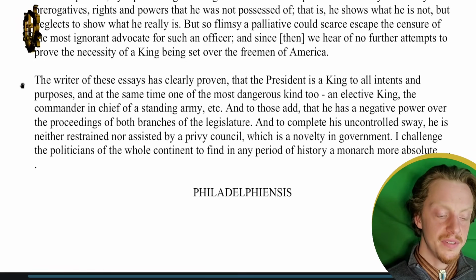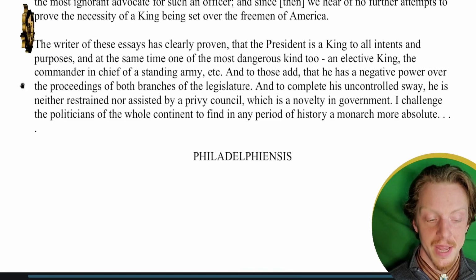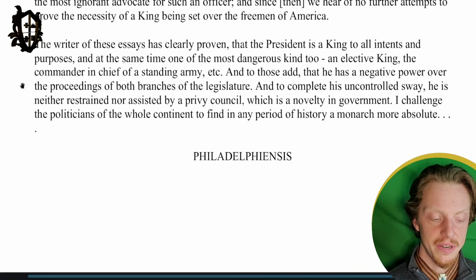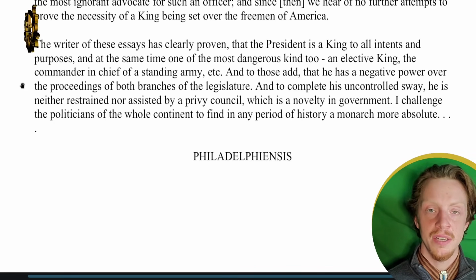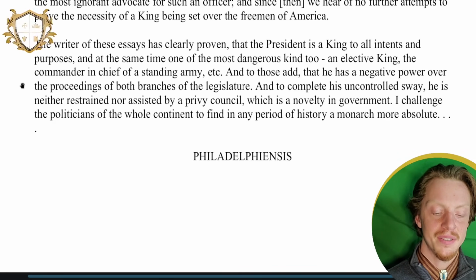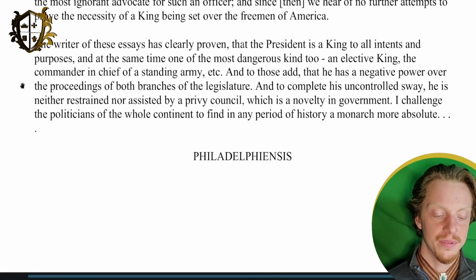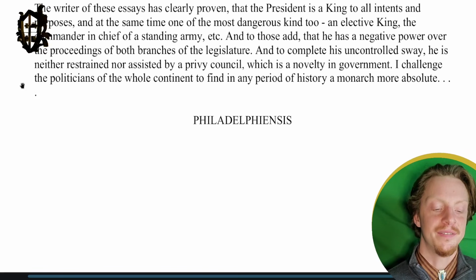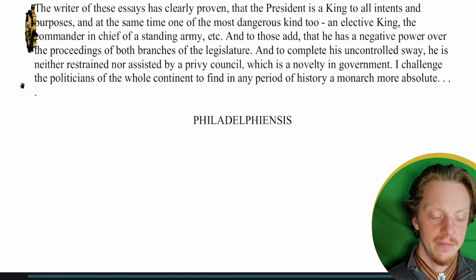The writer of these essays has clearly proven that the president is a king to all intents and purposes, and at the same time one of the most dangerous kind, too, an elective king, the commander-in-chief of a standing army, etc. And to those add that he has a negative power over the proceedings of both branches of the legislature. And to complete his uncontrolled sway, he is neither restrained nor assisted by a privy council, which is a novelty in government. I challenge the politicians of the whole continent to find in any period of history a monarch more absolute. Philadelphiensis.